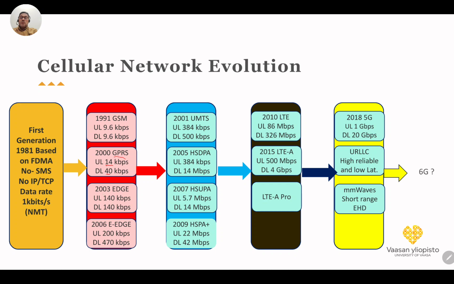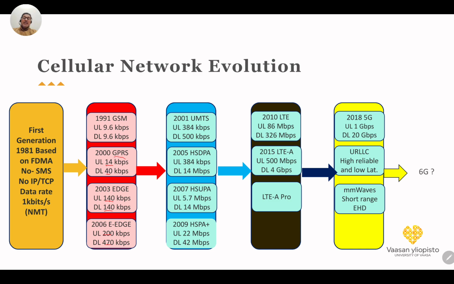In 2003, the data rate in the uplink increased about 10 times to 140 kilobit per second, and the downlink is also about 140 kilobit per second. In 2006, with enhanced EDGE, the uplink increased to 200 kilobit per second, and the downlink to up to 470 kilobit per second.